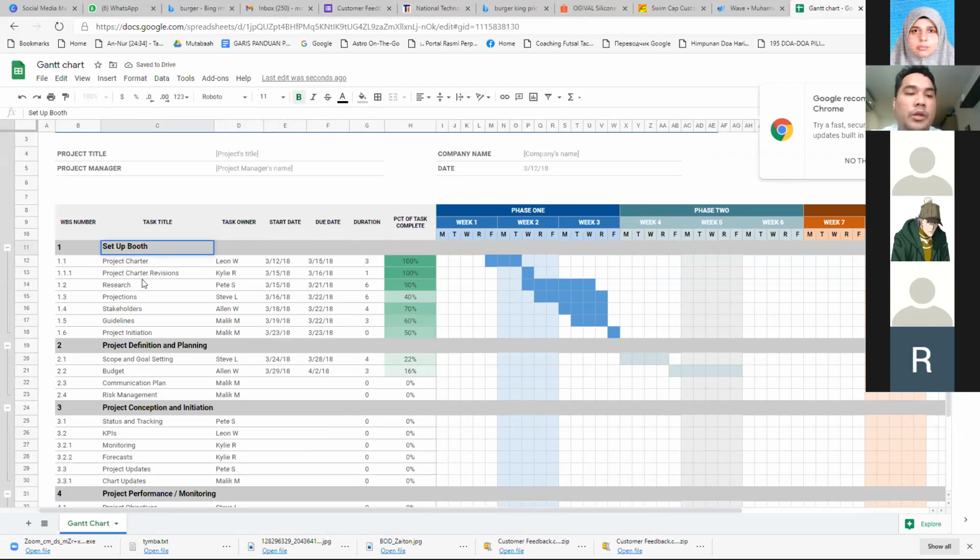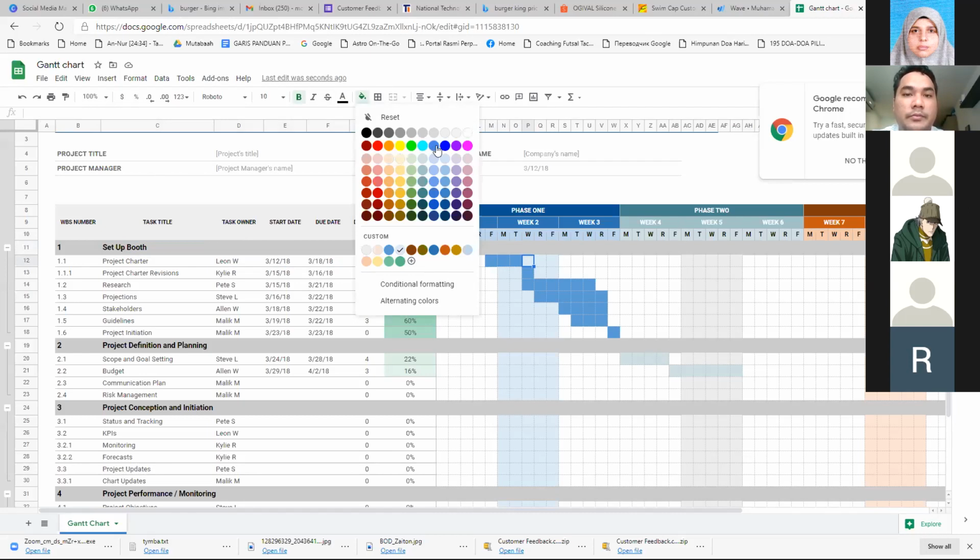What we are doing, who is the task owner, when you want to start, the due date, and how much duration you take. For example, if you take 5 days, you just highlight how many days you need.